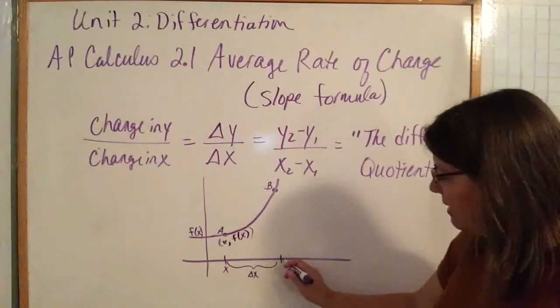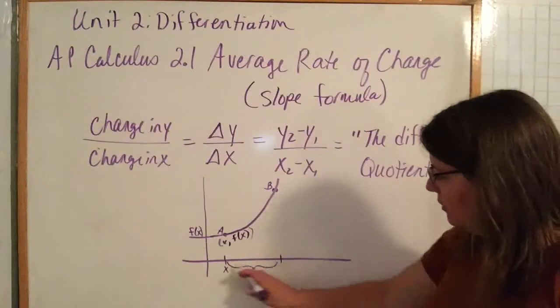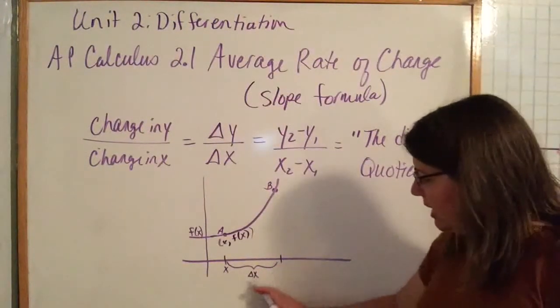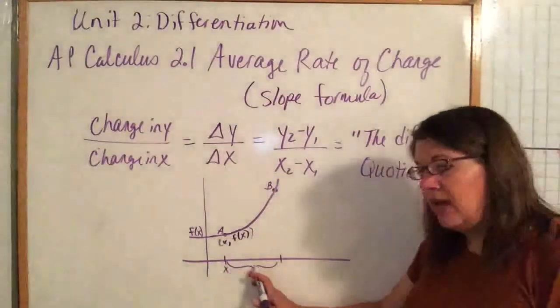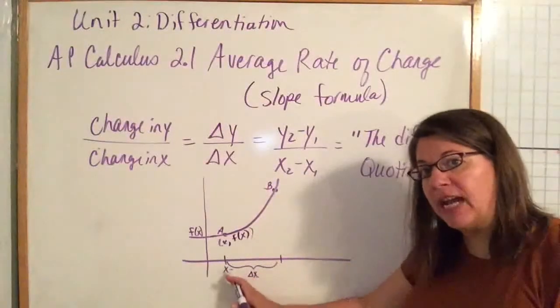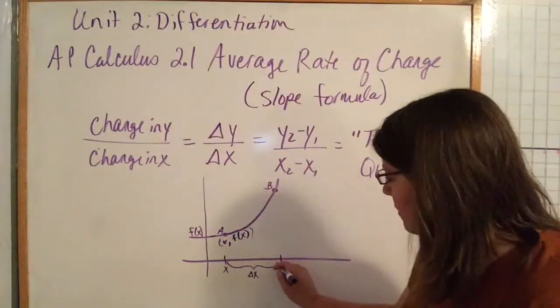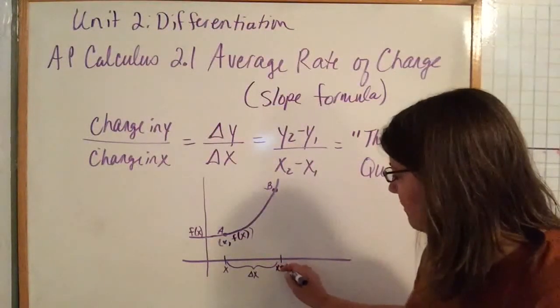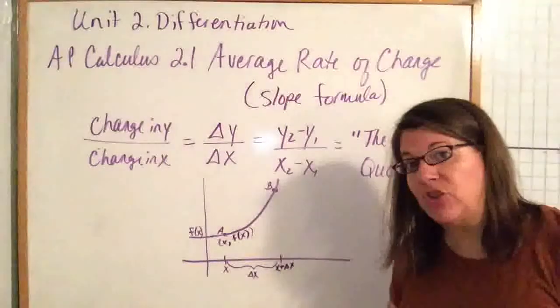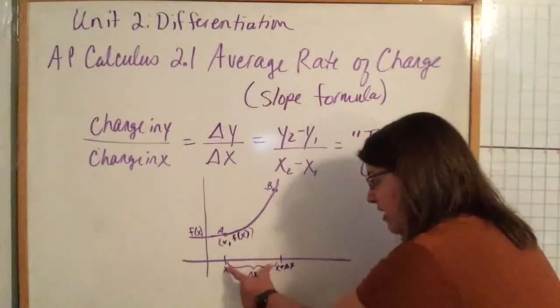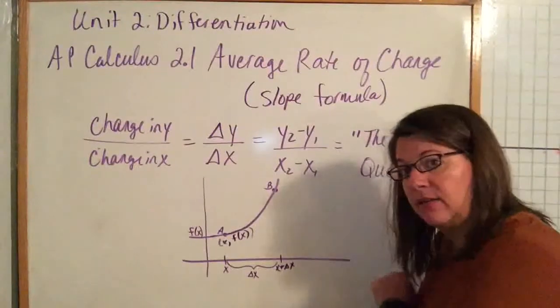And if this x value right here is x plus how far the change in x is, delta x, then this x value is x plus delta x, the change in x, the space between x and the next point, okay?